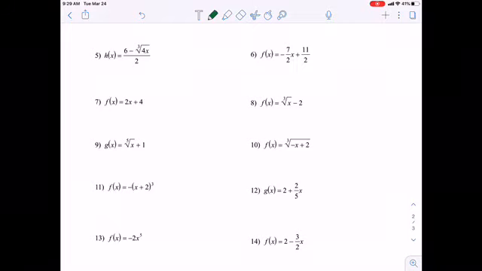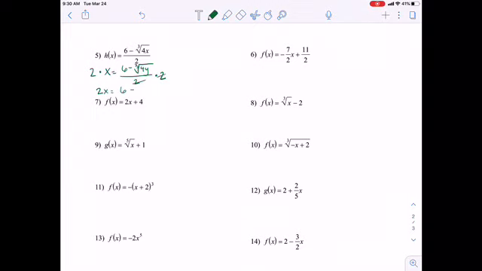So this problem will become x equals 6 minus the third root of 4y over 2. Now I'm going to start by getting rid of that fraction, and I do that by multiplying by 2 on both sides of the equation. So that will give me that 2 times x equals 6 minus the third root of 4y.